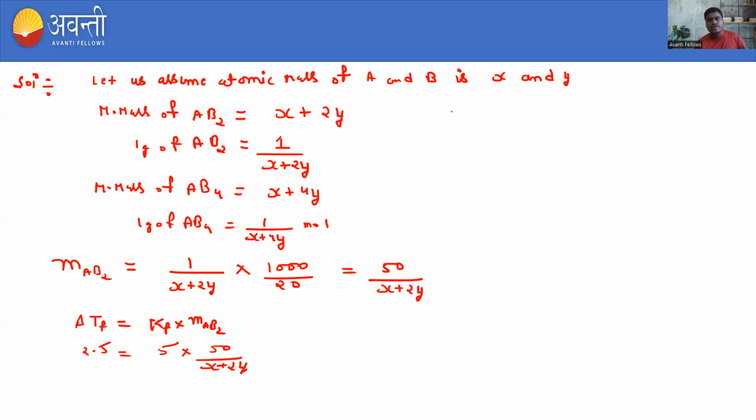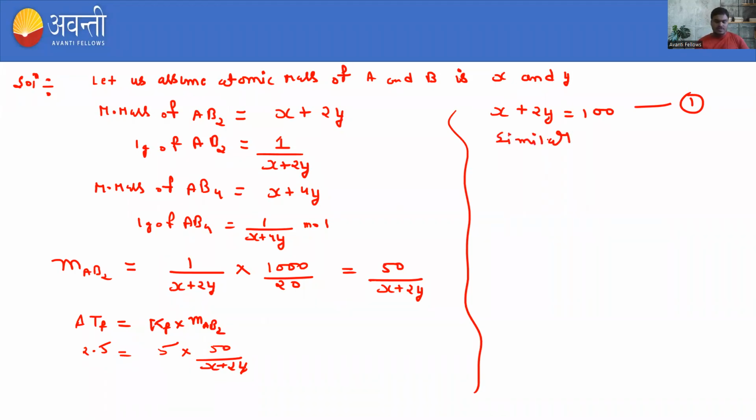On solving, you will get X plus 2Y is equal to 100. This is equation 1. Similarly, on solving the second case, you will get X plus 4Y is equal to 5000 divided by 3. Just solve these two equations and you will get the values of X and Y.